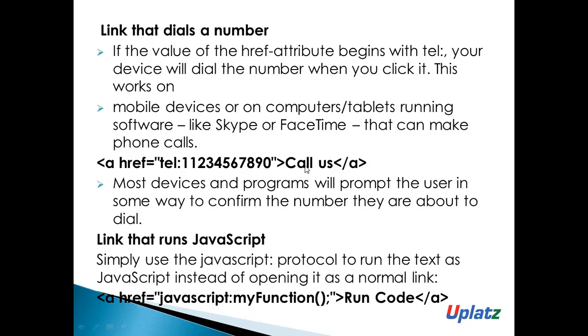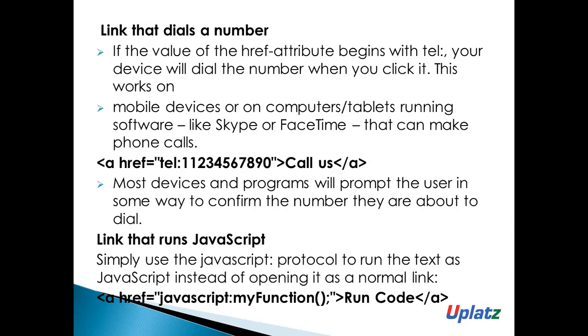If you click on call us, it will call the particular number you have given inside that href. For that you need to write href equal to tel colon, followed by a number. When you click on call us, it will call the respective number. Most devices and programs will prompt the user in the same way to confirm the number they are about to dial.